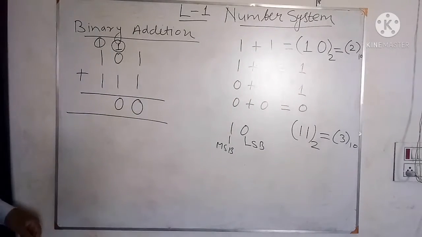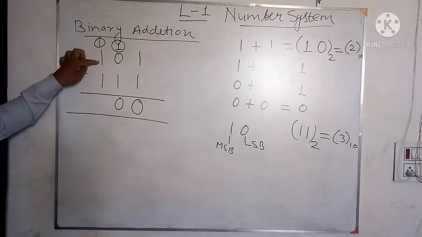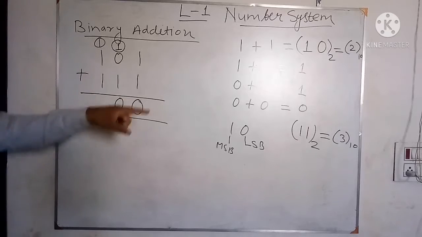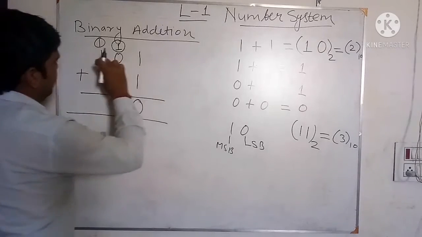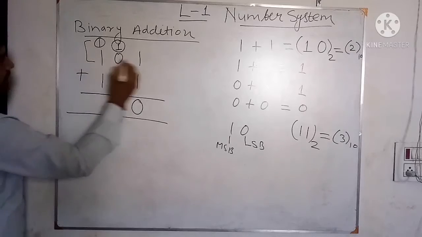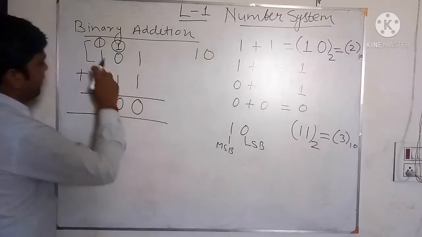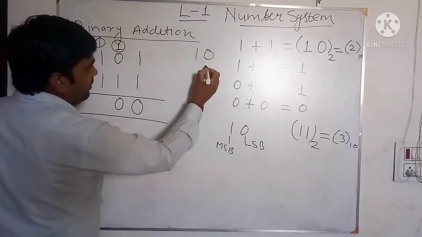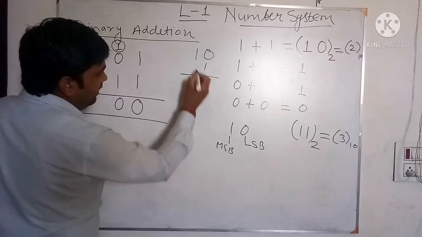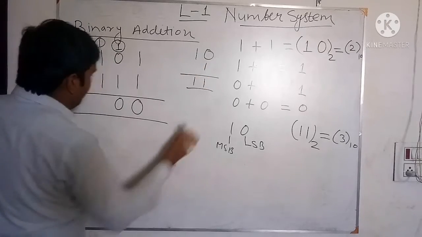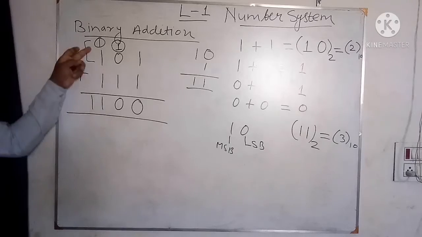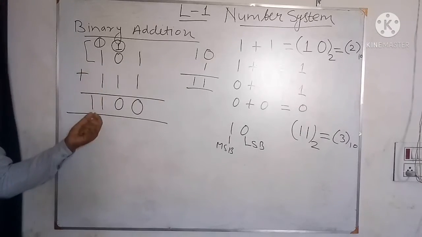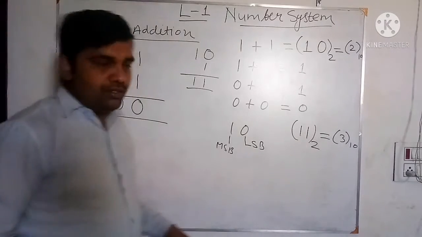So if you want to write 3 in binary, 1 plus 1 is 2, 2 plus 1 is 3, so 3 in binary is written as 11. The sum of these two bits, 1 plus 1, gives you 10, and again when you add 1 to this 10, 0 plus 1 is 1, and 1 plus nothing is 1, so you get 11.